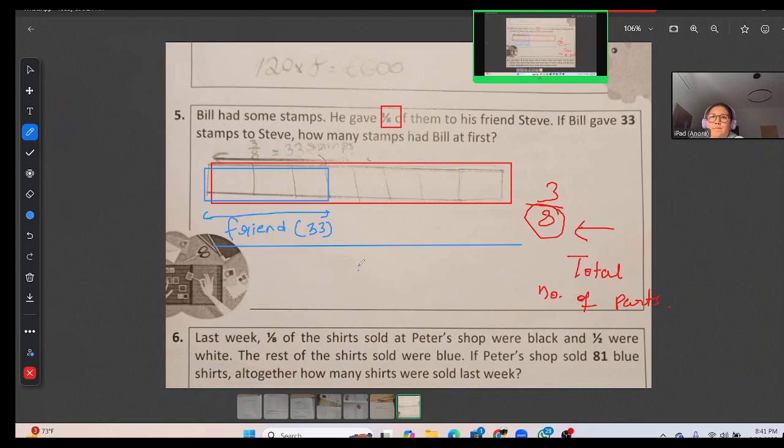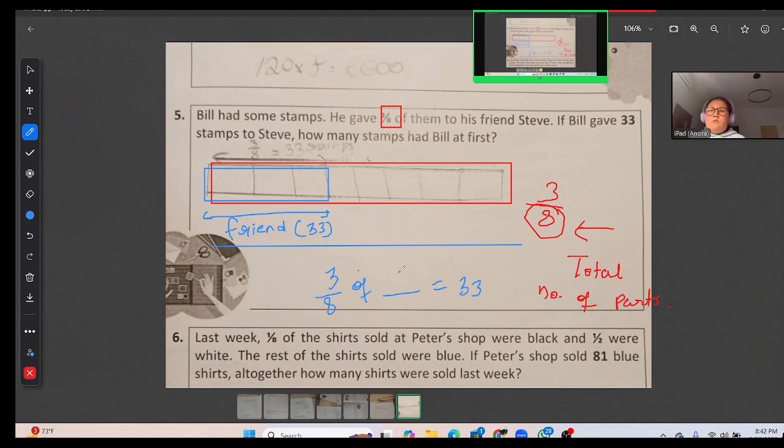Basically, 3/8 of what is 33? We have to find how many he had in the beginning.